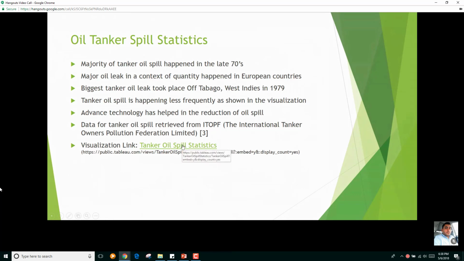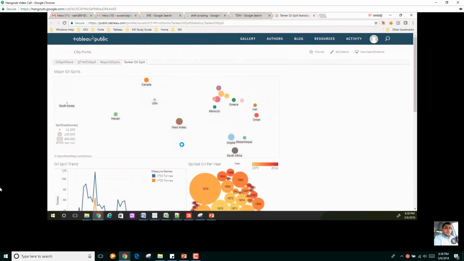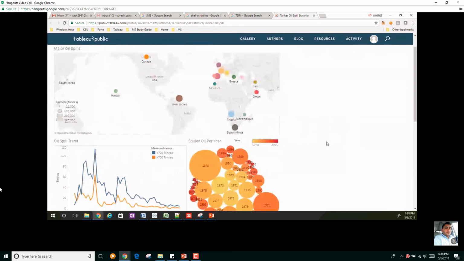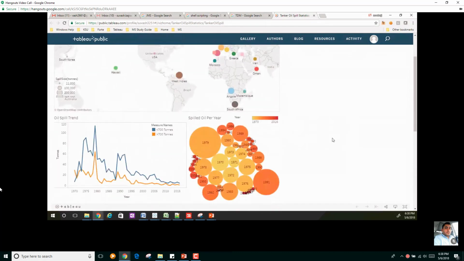Let's go to the link. All right, so here we have this Tableau Public where we share the visualization. As you can see here, it is categorized based on oil spills that are less than 700 tons and greater than 700 tons.